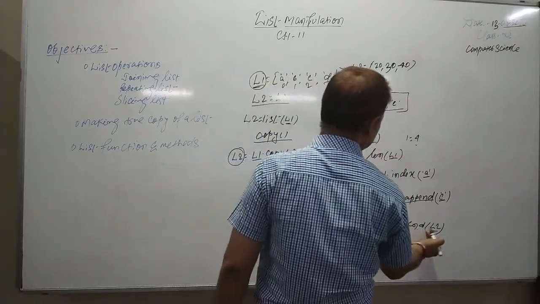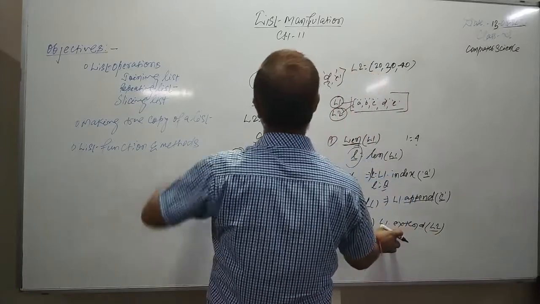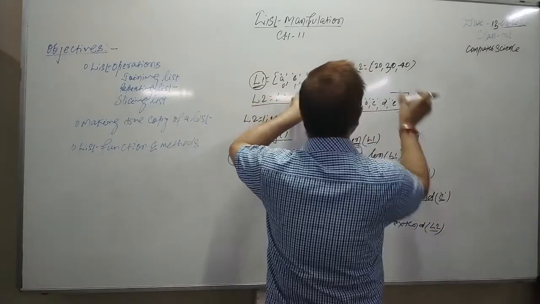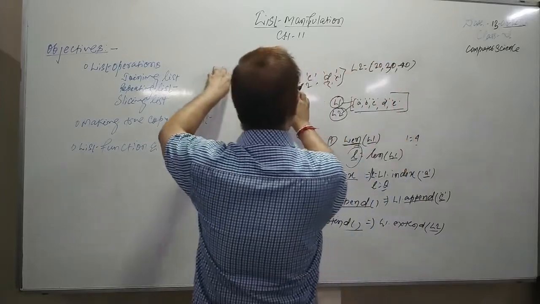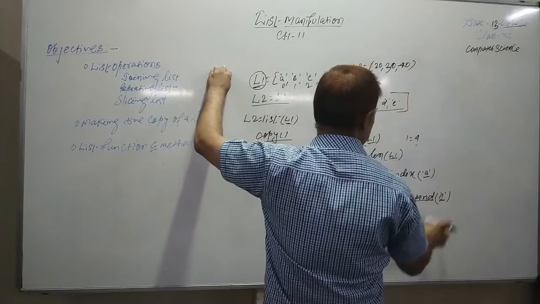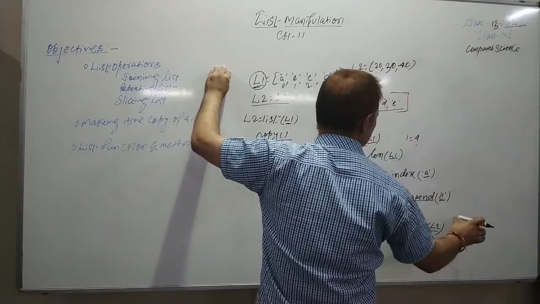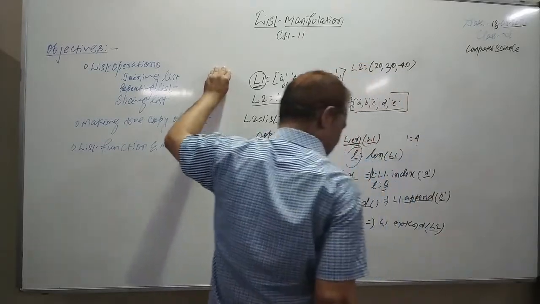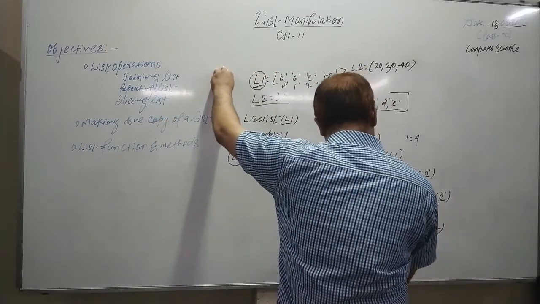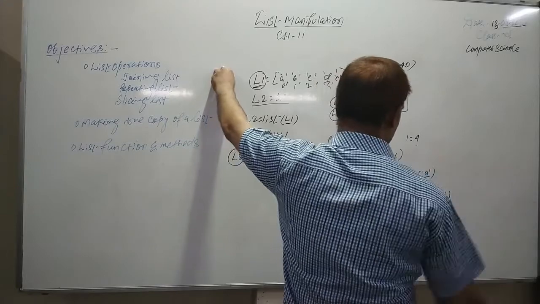So L1 dot extend L2 means the list L1, which has 4 or 5 elements, is extended with the L2 elements. So now list 1 has A, B, C, D, E and 20, 30 and 40, since you used the extend method. The extend method takes as a parameter a list or maybe a set of values with which you want to extend this list, and it extends that list.